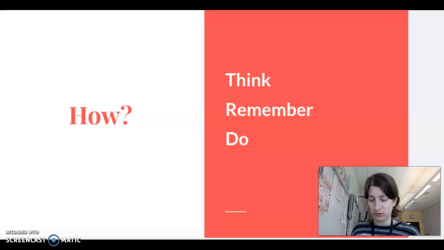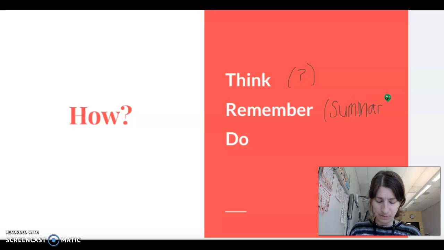Sometimes you might want them to remember something. That might be like a summary, telling the most important parts. Sometimes it's going to be what you want them to do. So some kind of action, like you want them to try it out too.